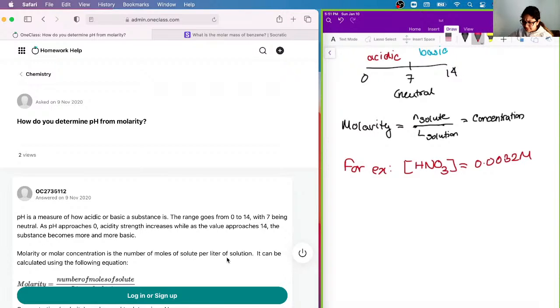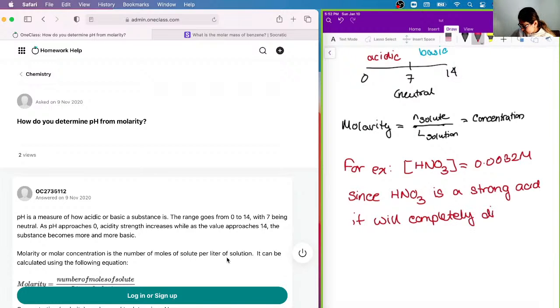Okay, and since HNO3, nitric acid, is a strong acid, it will completely dissociate into hydrogen ions and nitrate ions. So since HNO3 is a strong acid, it completely dissociates into its individual ions, which are H plus and your nitrate ions.